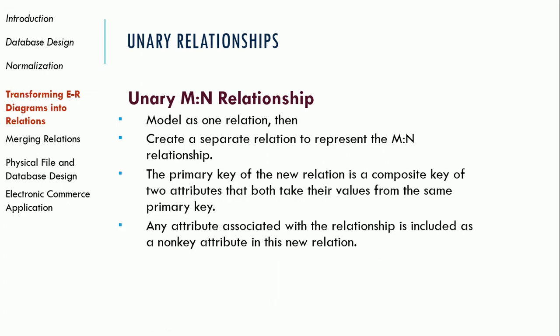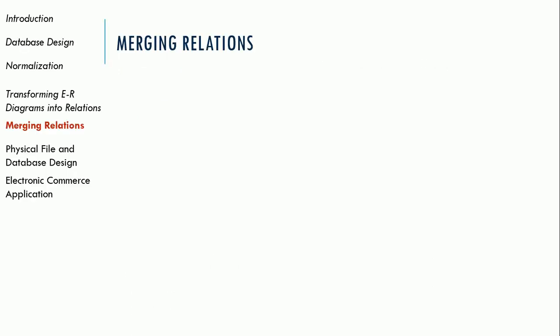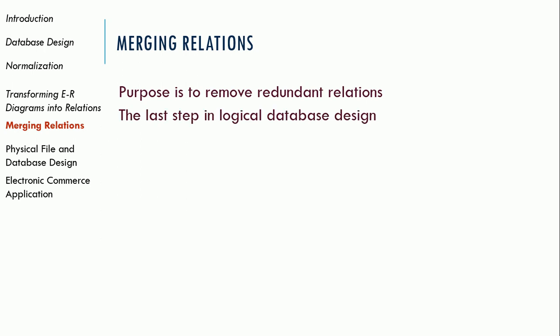You're probably seeing a theme here that anytime we have a one-to-many relationship, we don't really have to create new tables to support that. But when we have a many-to-many relationship, we have to create a new table to support that. On the unary many-to-many relationship, of course, we'd have to do that. Our next step after we transform the ER diagram into our database diagrams is to remove any redundant relations.